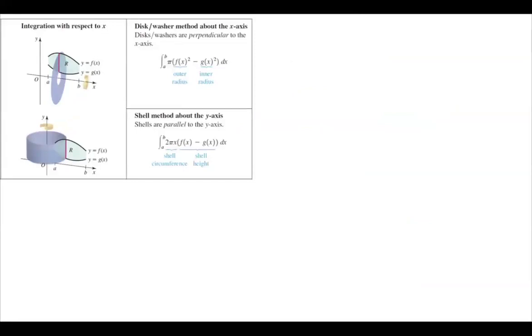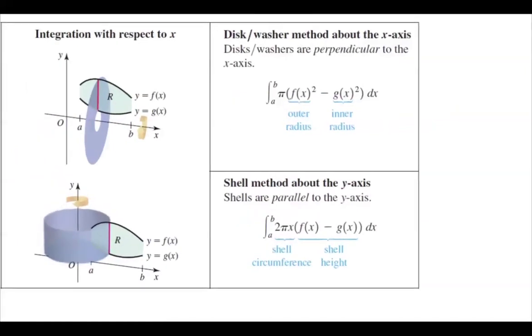So to simplify this, when you're integrating with respect to x and you're using, for example, the disk or washer method about the x-axis, you have the definite integral of pi times f of x squared minus g of x squared dx. The shell method about the y-axis gives you the exact same result.